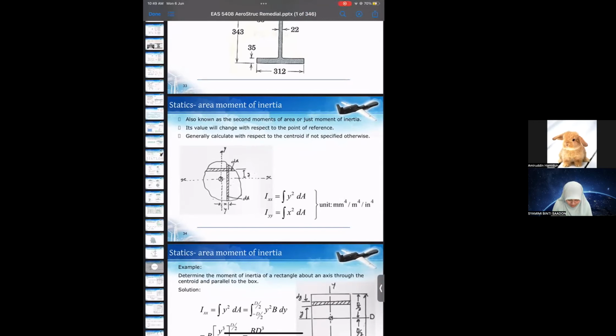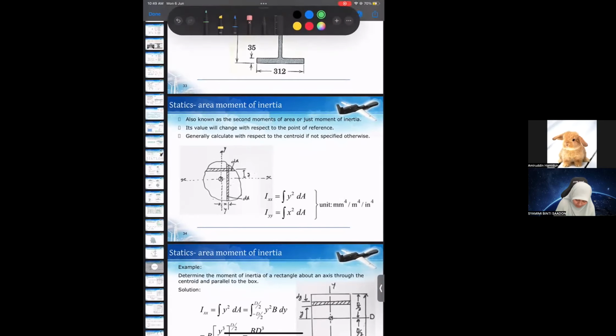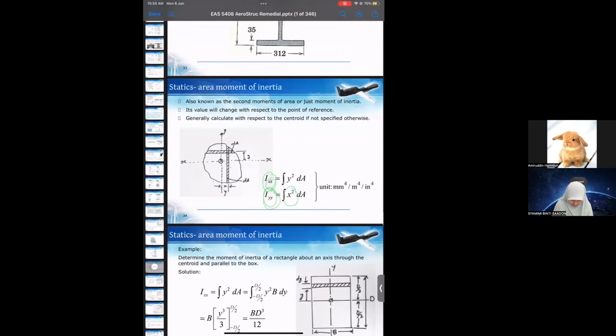That's why it is called an area moment. The equations to calculate the area moment of inertia are Ixx and Iyy like this. This is the integral of y squared and the integral of x squared. If you want to find the moment of inertia in the x direction, we do the integral of y squared, and if you want to find the moment of inertia for the y direction, we do the integral of x squared.